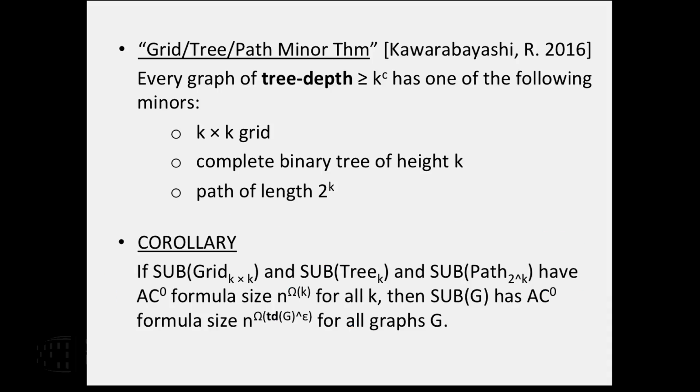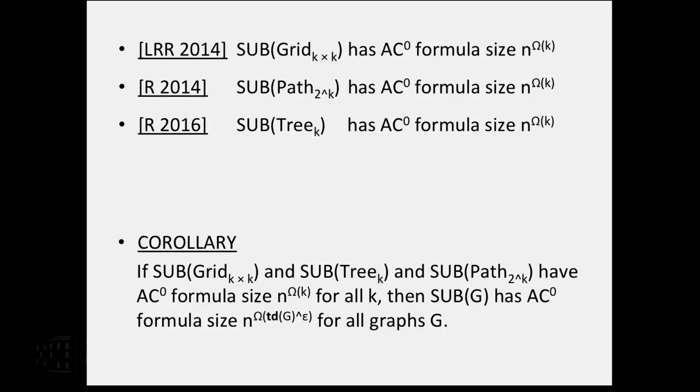Similarly, as a corollary, if you could show that the subgraph isomorphism problem for these three graphs has AC0 formula size n to the omega k for all k, then as a consequence the G subgraph isomorphism problem would have AC0 formula size n to the poly tree depth for all graphs G in the same way. And this is what we do.